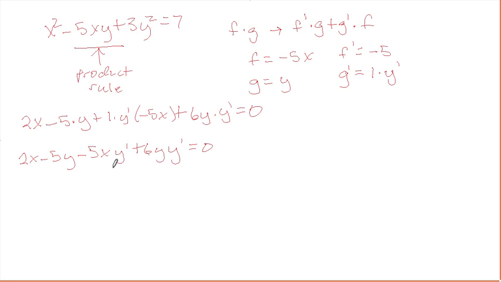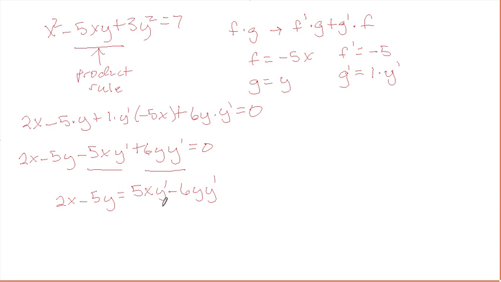So the trick that we're going to do is we're going to take everything with y prime to one side and leave everything else on the other. So if we take both of these terms here to the other side, then we have 2x minus 5y equals, so we have positive 5x y prime minus 6y y prime.